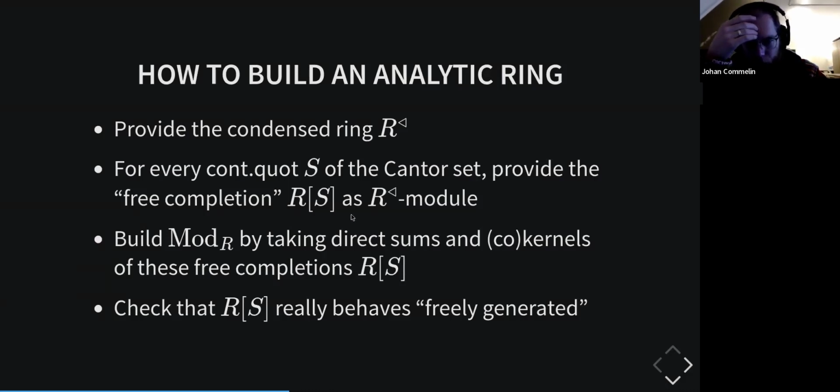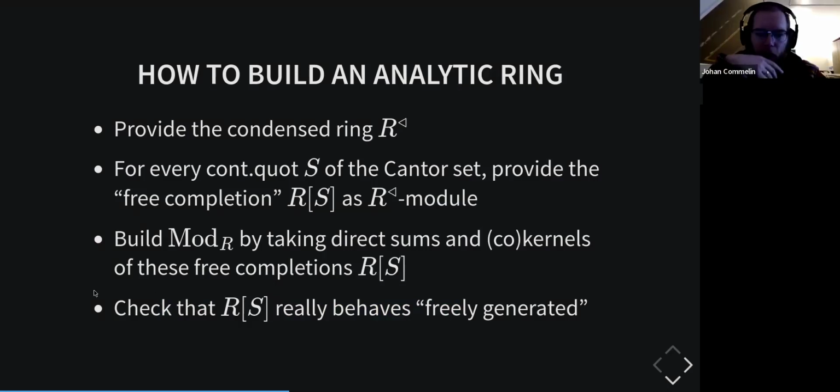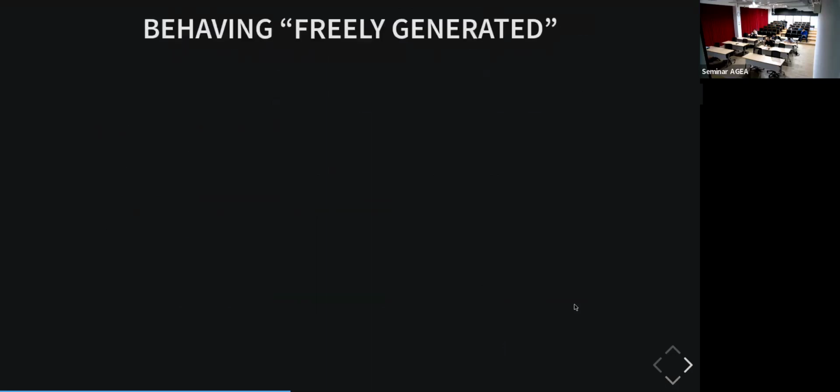I guess you need to check that these objects behave as if they're freely generated, and maybe you should also check that R of a point is equal to R triangle. Okay, so you do want this. Yeah, I do want this, and I think it doesn't follow from this check. So okay, yeah, that's a good point.